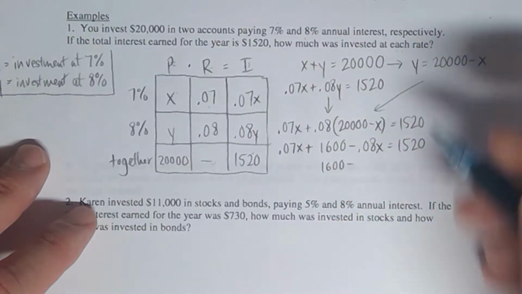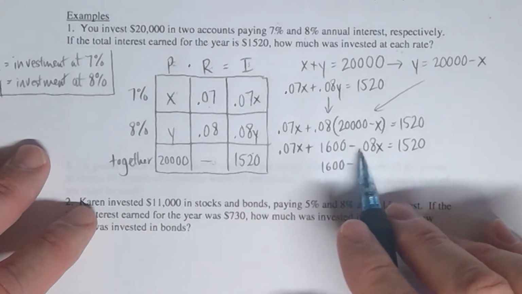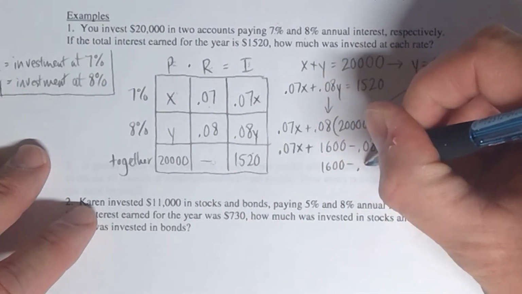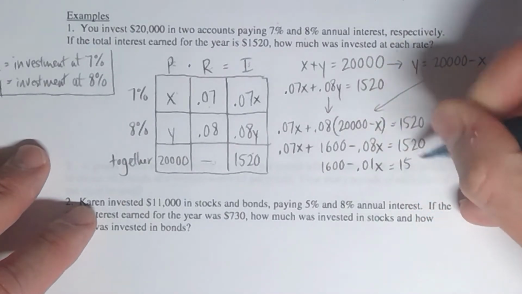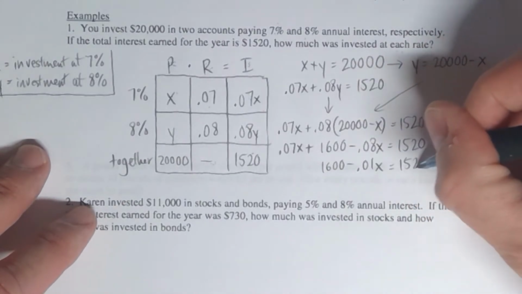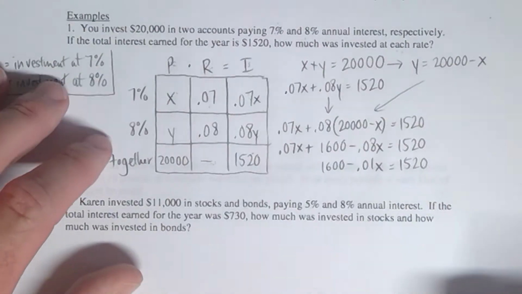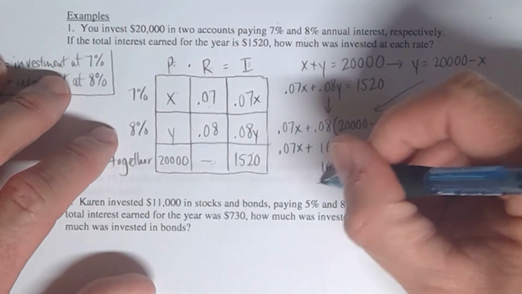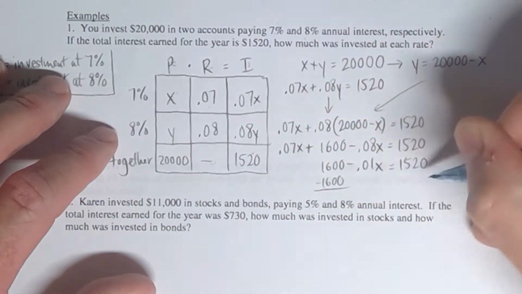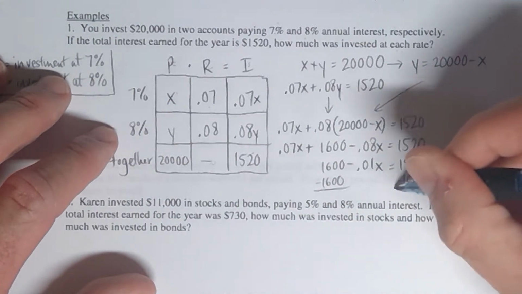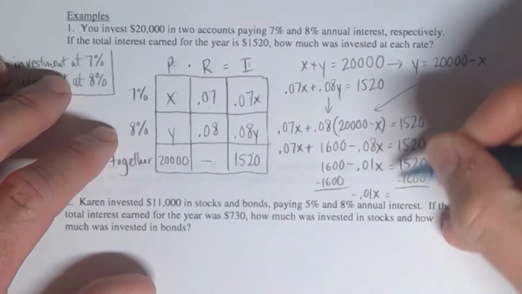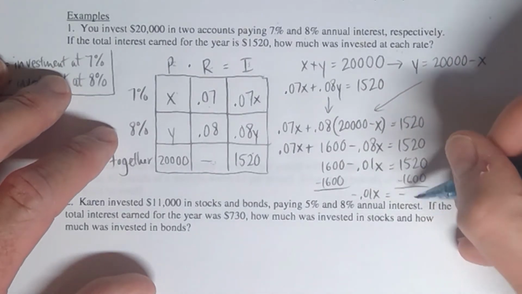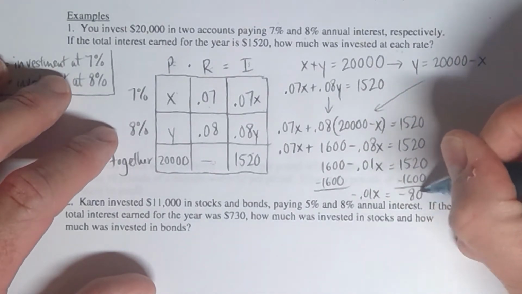Again, be careful with those decimals. 0.07 minus 0.08 when we combine like terms is going to be negative 0.01 on your calculator. And so that makes that negative 0.01x. I then move over the 1,600. And I get negative 0.01x equal to negative 80.